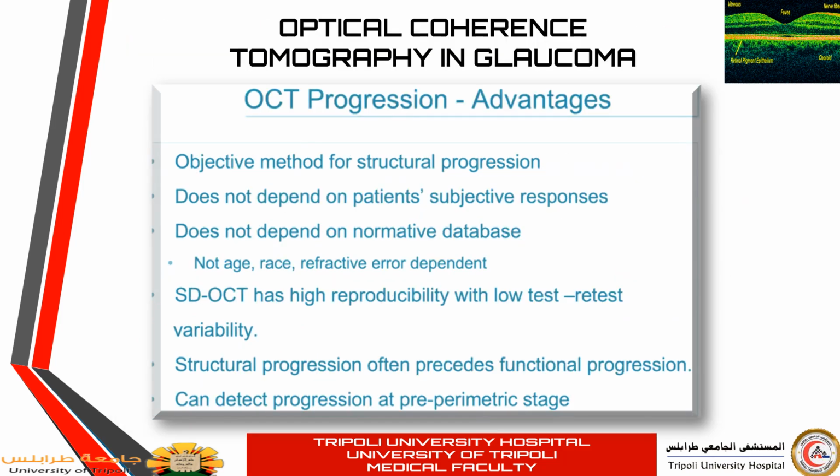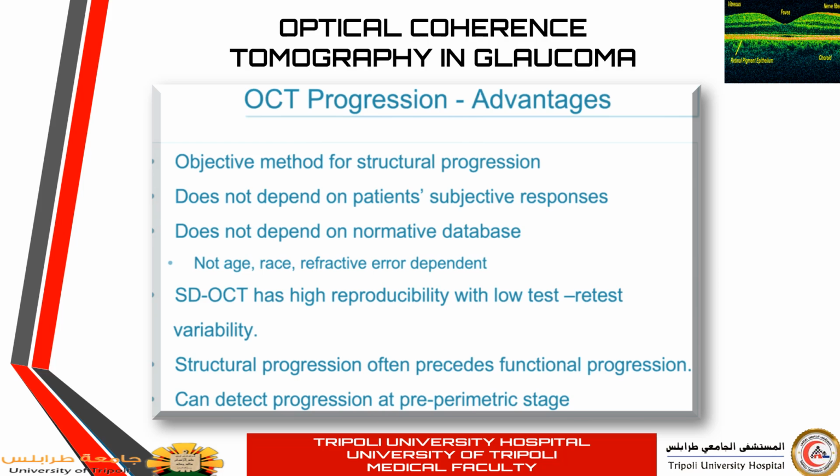In comparison between glaucoma progression using OCT and using automated perimetry, OCT progression analysis has advantages in that it is an objective method: you assess the structural changes objectively. You are not dependent on the patient, unlike the visual field, which is a functional assessment and depends on whether the patient is trigger happy, depressed, or has any other problem.